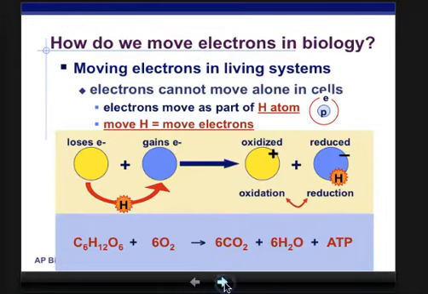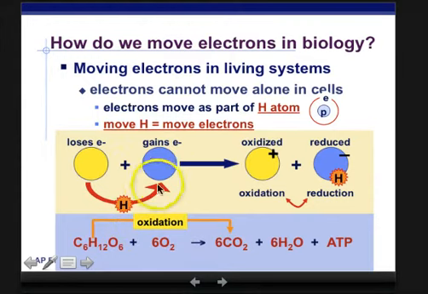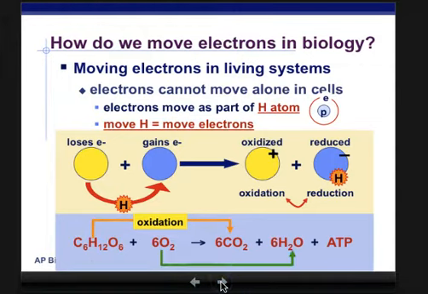So if we take a look here, there it is. Okay, this part is the oxidation part of the reaction. So remember that the oxidation is when we're losing electrons, and so all of these hydrogens are leaving. Right, and here is the reduction part of the reaction.